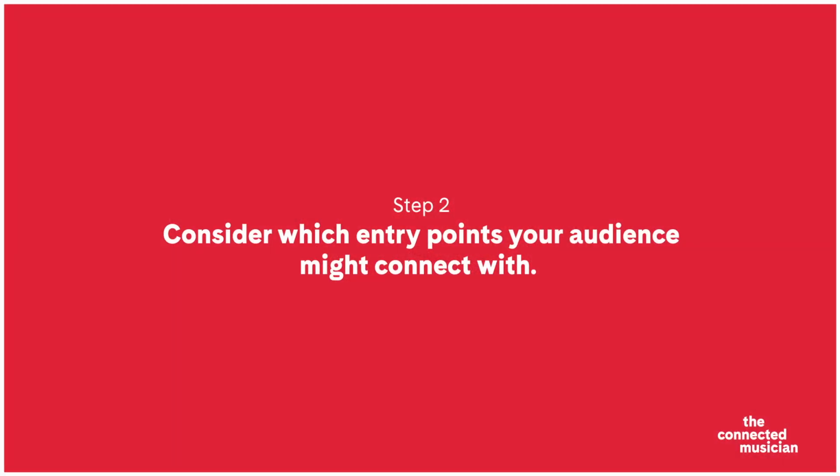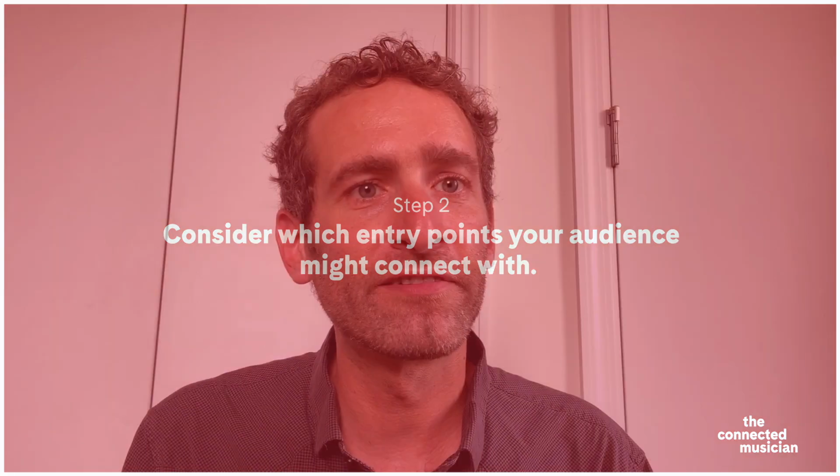You just want to look at the entry points that you find so interesting, and circle the entry points that you have a hunch that they might find interesting as well. So now we've got a slightly narrowed down list to mull over and choose from.